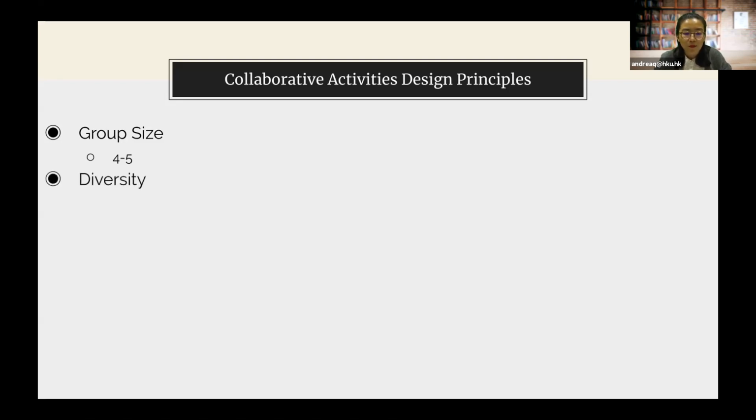And then diversity. If you are talking about younger students, you might consider their gender, race, nationality, their family background. And if you're designing for a university, perhaps their major and their own learning background. This is also important because when we think about collaboration, we want each player of the team to bring their own specialties, to bring their expertise into this discussion.